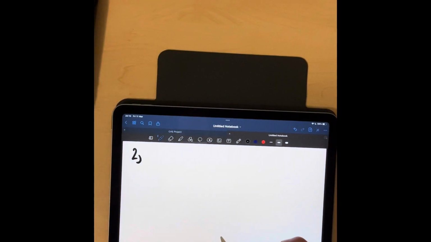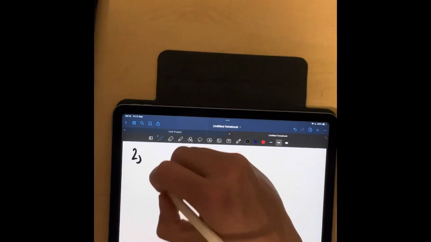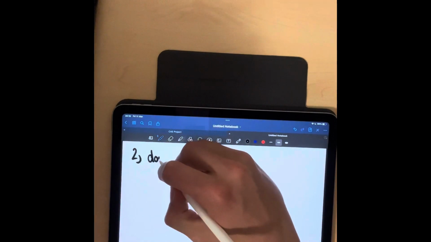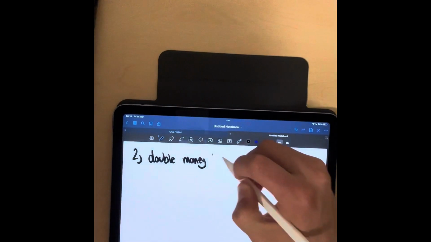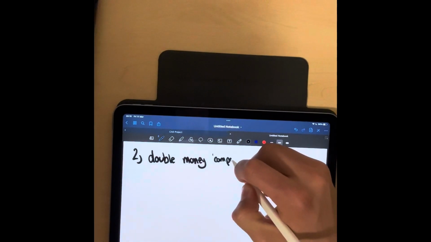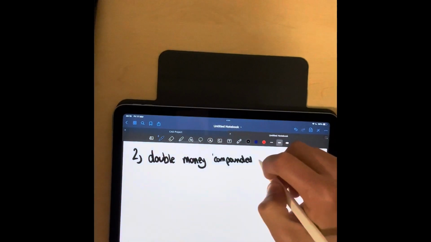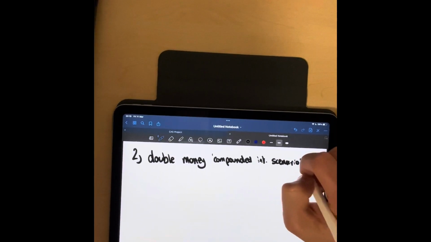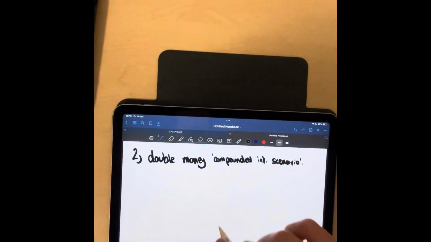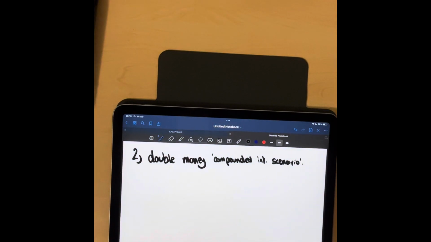Question 2, like we did before on part 1, is how long does it take to double money, in this case in a compounded interest scenario, right? So this is what we're doing now, and this is also pretty simple.